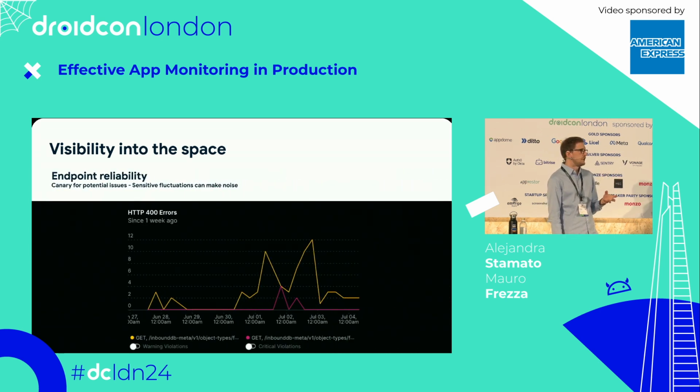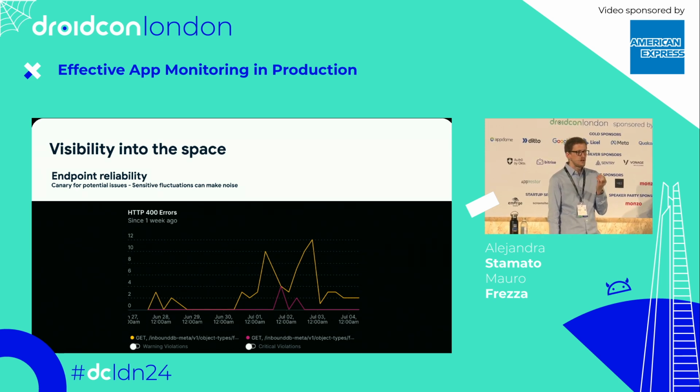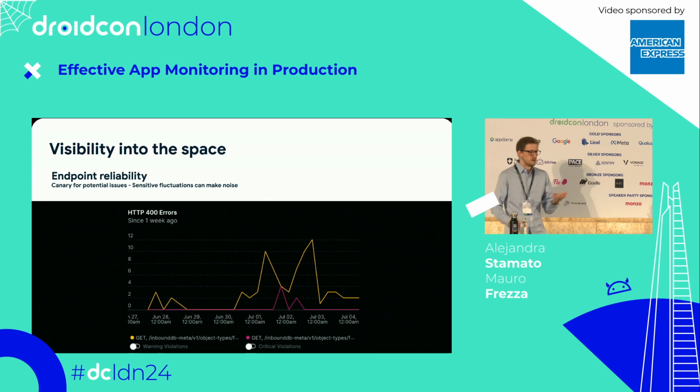Endpoint reliability is another important aspect to monitor, but be aware that you should use them as a kind of canary, something that tells you something may be wrong and you should pay attention, but they also create a lot of noise. So be careful not to fully trust that a spike in errors necessarily means there is an issue. It could just be a user that is trying the same operation 20 times that fails because maybe they don't have a connection or something else.